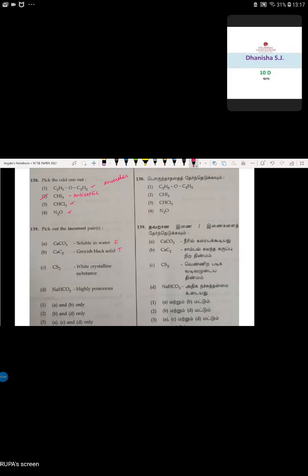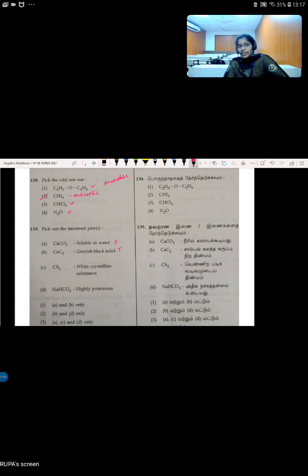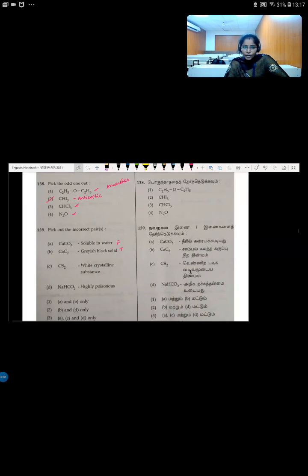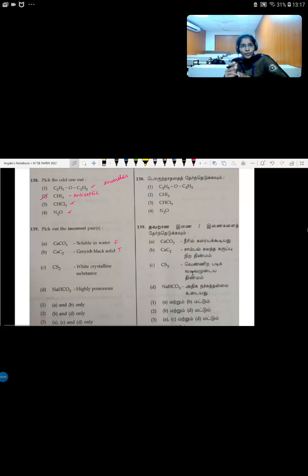Ma'am, all except N2O are carbon compounds. Can't we classify like that? Yes, that is what we are also thinking. At first we were also confused with that, but later it is very clear from the book. Maybe we have to wait for the key released by the government. So options 1, 2, 3 are carbon and its compounds, then the fourth one is a compound of nitrogen.